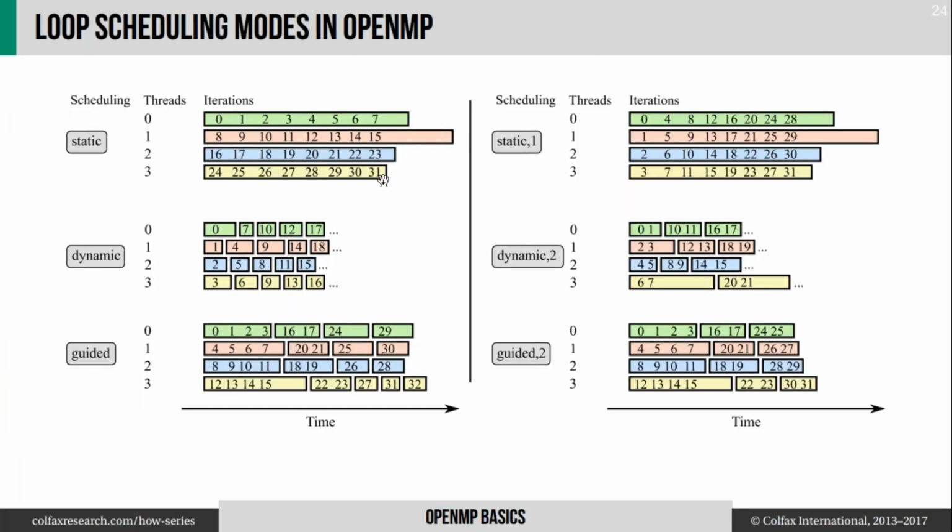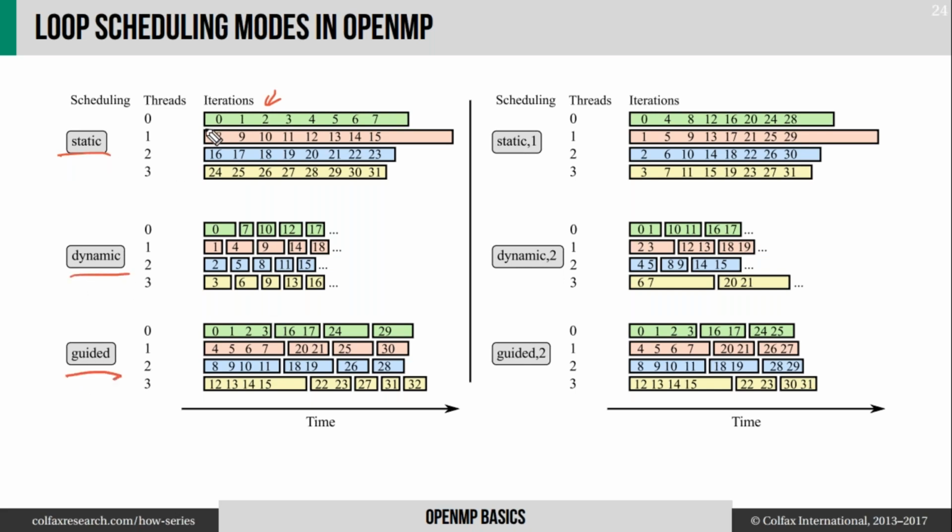Furthermore, in OpenMP, with a very simple modification of your code, you can change the scheduling mode. When OpenMP assigns iterations of your loop to threads, it can use one of the three modes: static, dynamic, or guided.